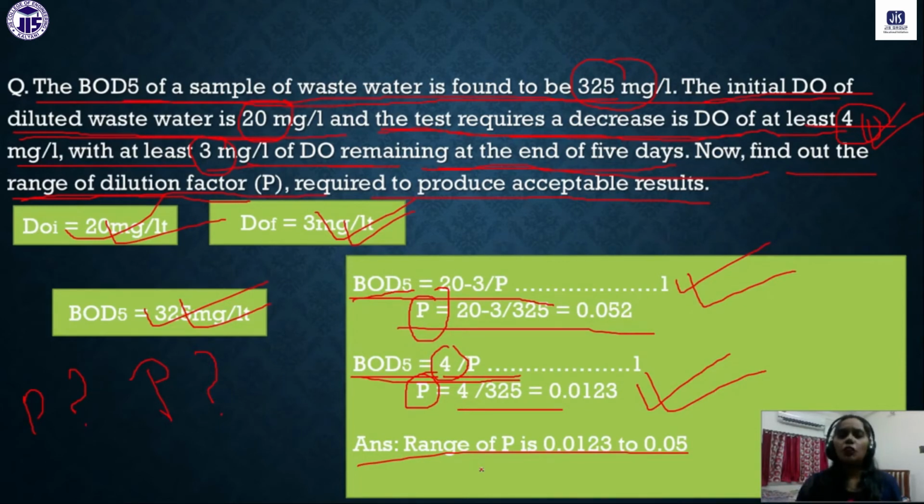Here 3 milligram per liter is also given, 4 milligram per liter is also given. Both are the final value. So you can answer all these questions only by practice. Understand? Practice the problems.